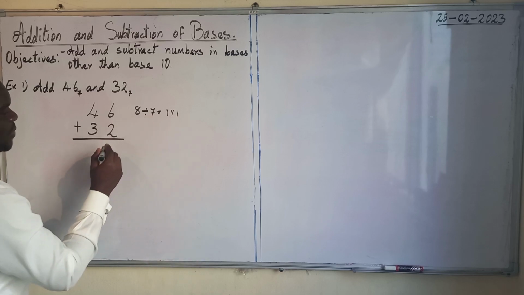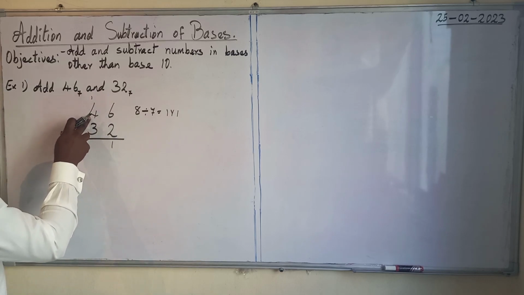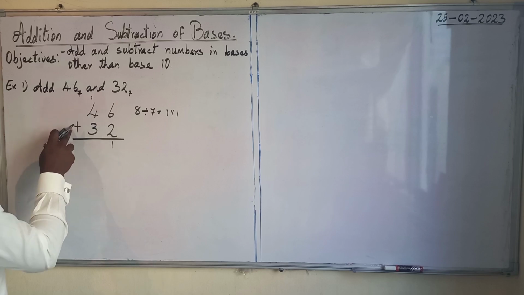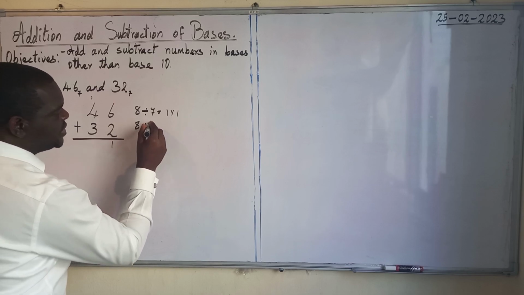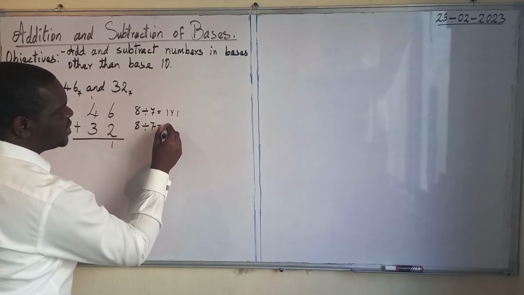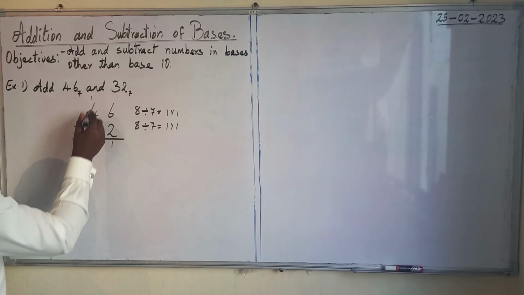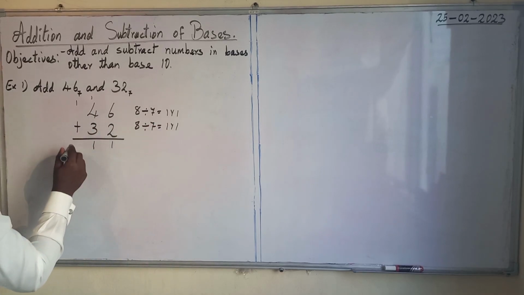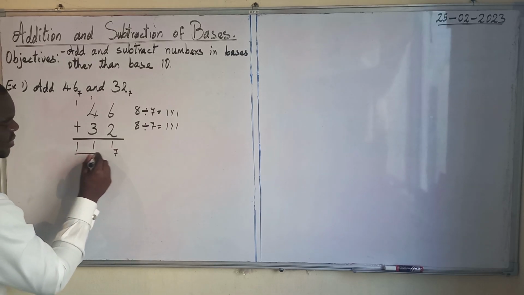So we write our remainder here and carry the whole number to the next. 1 plus 4 is 5, and 5 plus 3 is 8. 8 is also more than 7, so we divide by 7, which gives us another 1 remainder 1. So we write the remainder first and bring another 1 here. Since there is nothing else, we write the 1. And we express this in base 7.